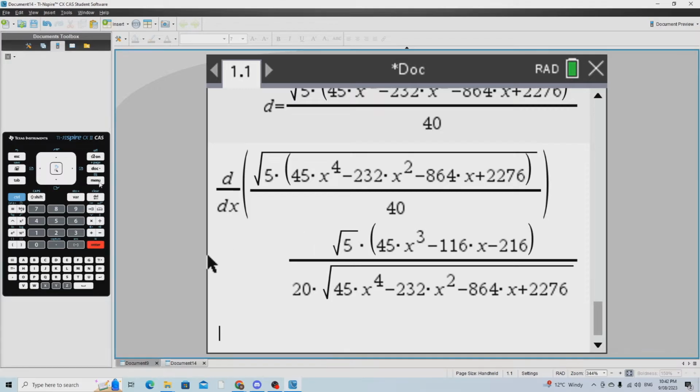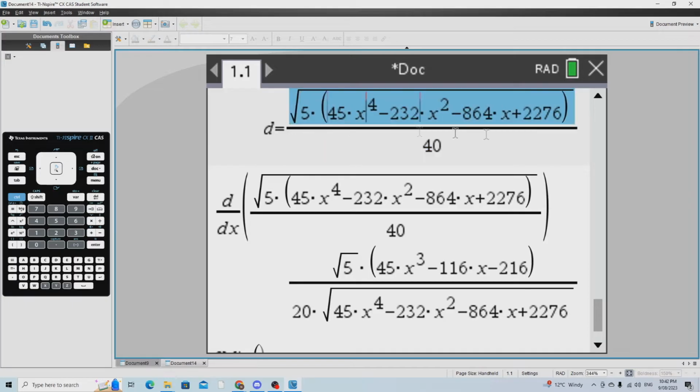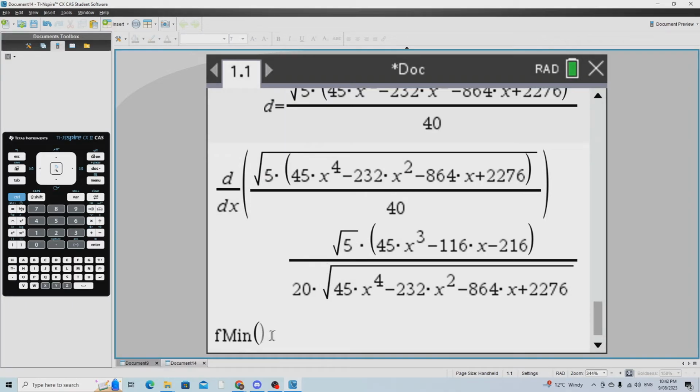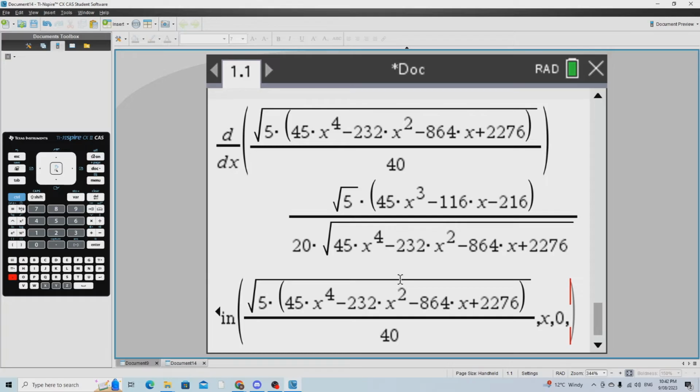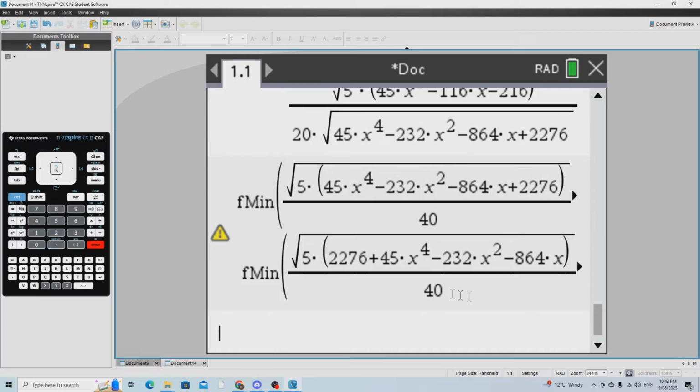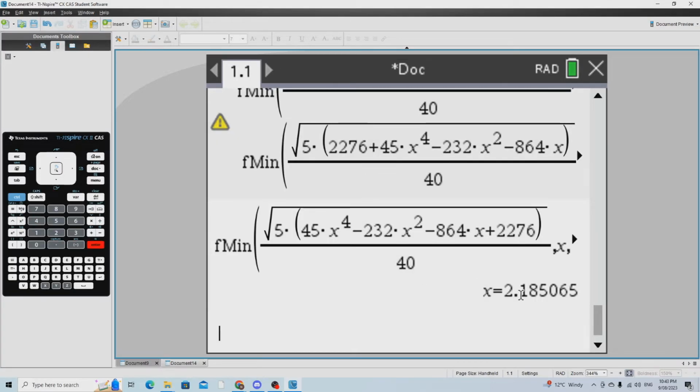To do that, I'm just going to quickly go on calculus, minimum value of this over here, comma, x, comma. Where is x between? Well, it must be between 0 and your c value, which was, what was our c value for the original? It must be somewhere, so it's 3.7, let's say it's 4. Your minimum value, control enter, is 2.18 blah blah blah.